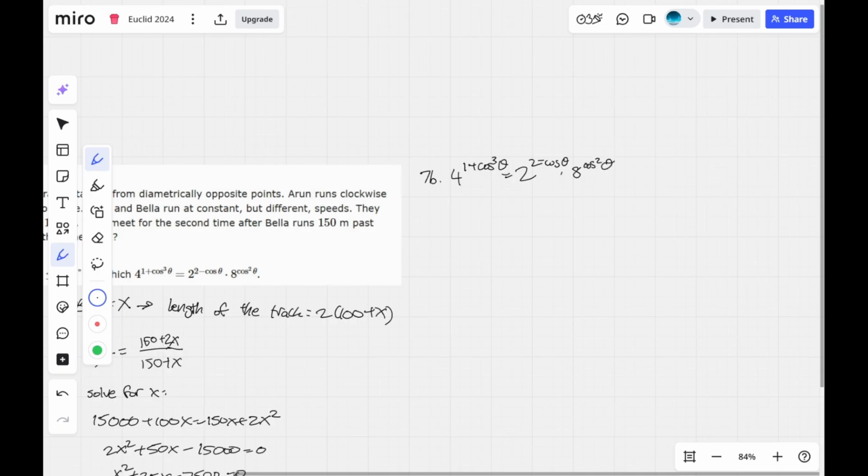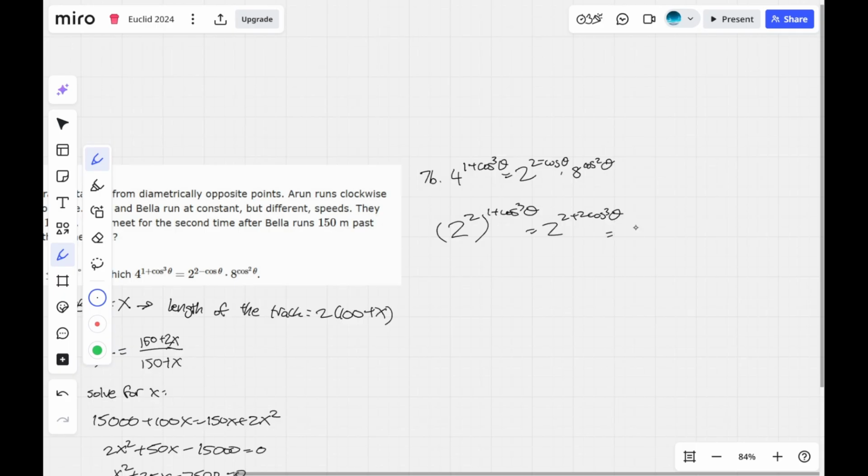So first, we can write everything out in terms of powers of 2. 4 is equal to 2 squared, so the left-hand side is also equal to 2 to the power of 2 plus 2 cosine cubed theta.